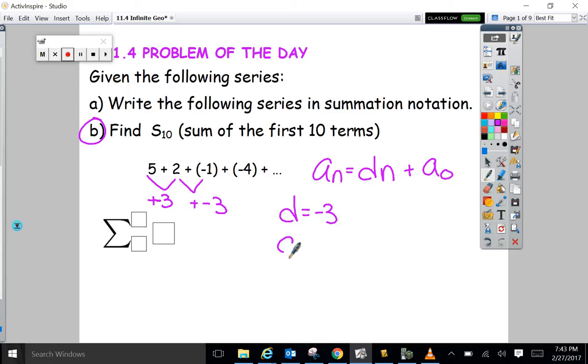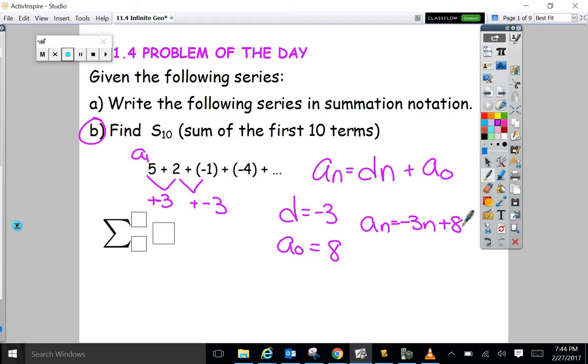And then a sub 0, remember this is a sub 1, the first term in the sequence. So a sub 0 would be the term before that. And if we're adding negative 3 each time, if we go backwards, a sub 0 would be 8. So a sub n equals negative 3n plus 8.